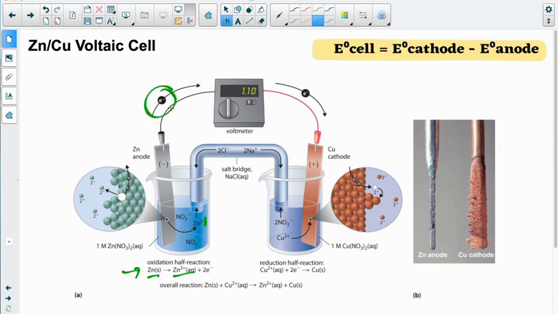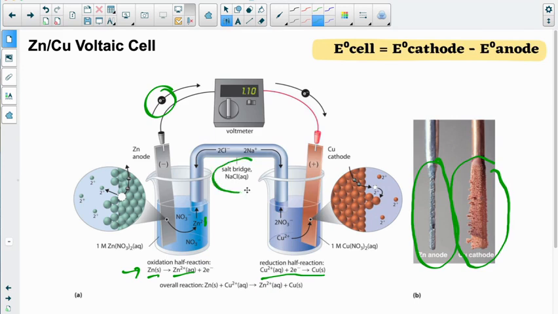And the electrons are going through the circuit into the half cell that contains the copper 2 plus ions. And you can see on the other side, the copper 2 plus ions are picking up the electrons and forming solid copper. Here's the zinc, or the anode, losing mass, and here is the copper, or the cathode, gaining mass.